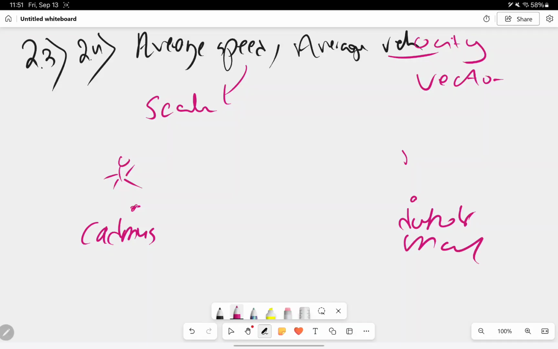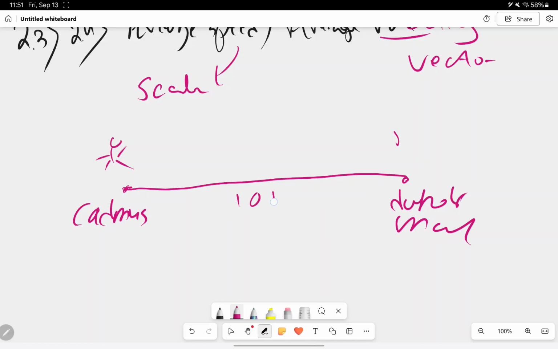Let's say the distance from Cadmus to the Hook Mall, I'm just putting numbers in general, is 10 kilometers. And if someone moves from Cadmus to the Hook Mall, let's say it takes him 30 minutes, or I can say 0.5 hour.